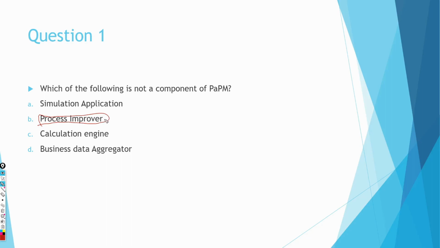It is up to you to design your improved process in PAPM, then it will work effectively. The process you build, whatever you do, will be in PAPM, but it does not automatically improve your process by looking at other factors. It will work as you want. There are three components, and the one that is not a component is the process improver.